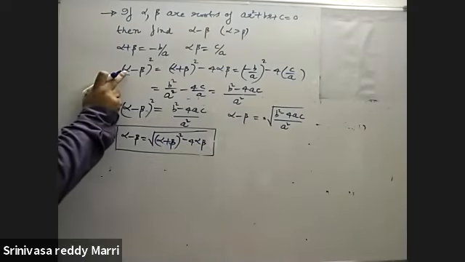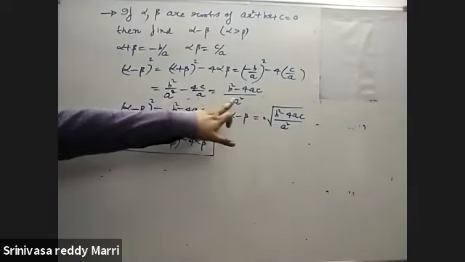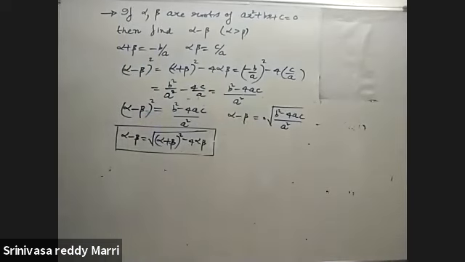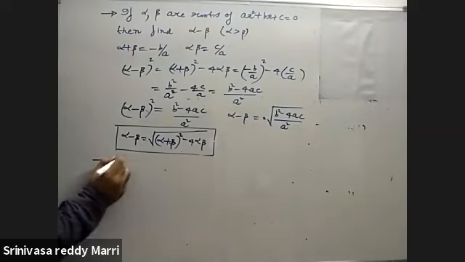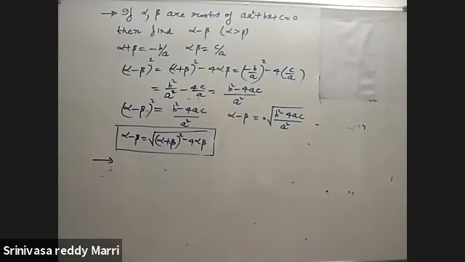Or otherwise you calculate alpha minus beta whole square, and then calculate alpha minus beta. This is the difference between the roots. Okay, now. Like that, the simple thing is to write the relation between the roots and then calculate the problem.